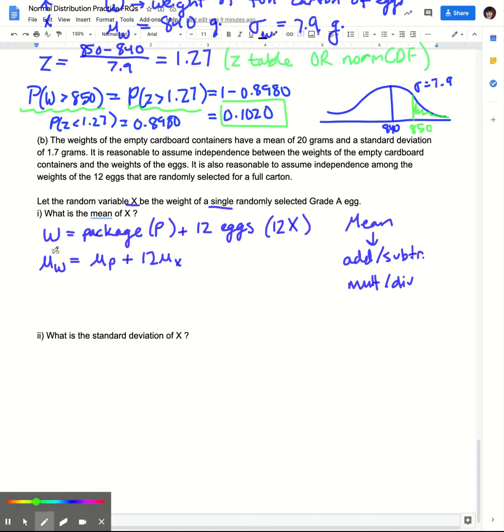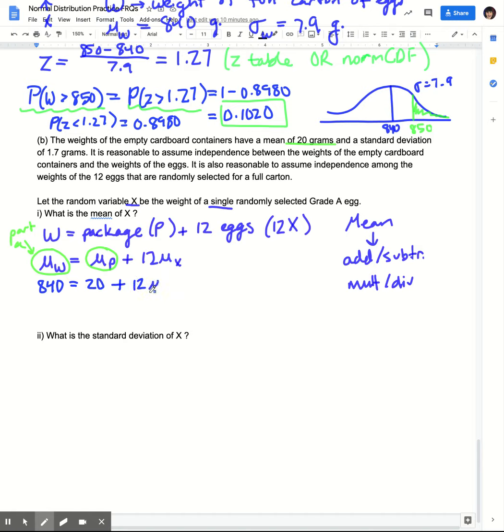I know this value from part A, and I know this value from part B, right? They told it to me at the top. So the mean of a full carton, eggs and packaging included, was 840 grams. The mean of the packaging was 20 grams.